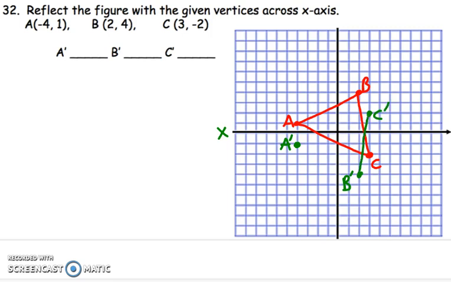We connect our points, and that is going to be our new triangle, A prime, B prime, C prime. For our vertices, A prime is -4, 1. Our B prime is 2, -4. And our C prime is going to be 3, 2.